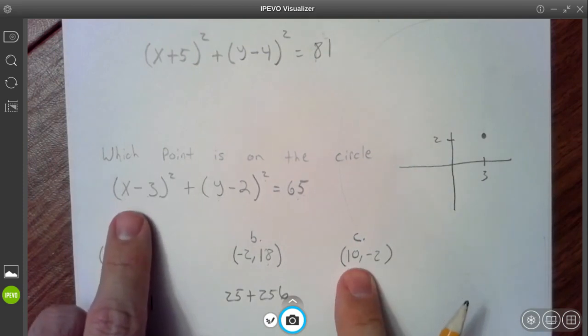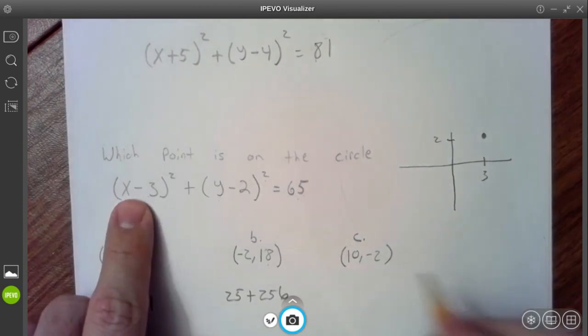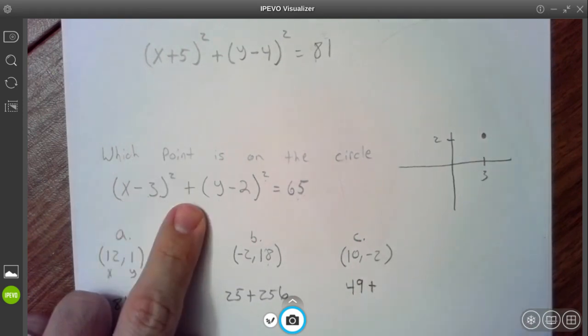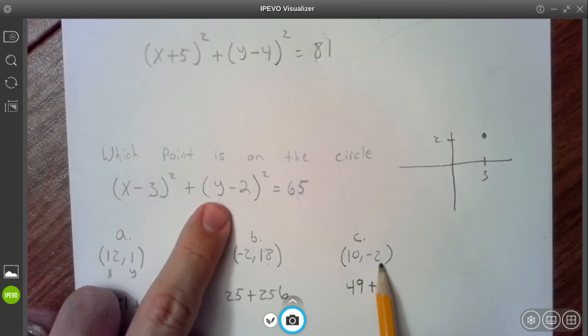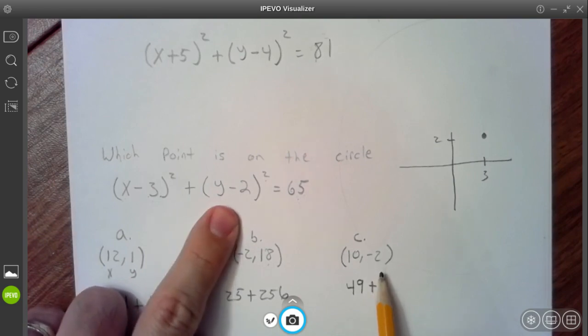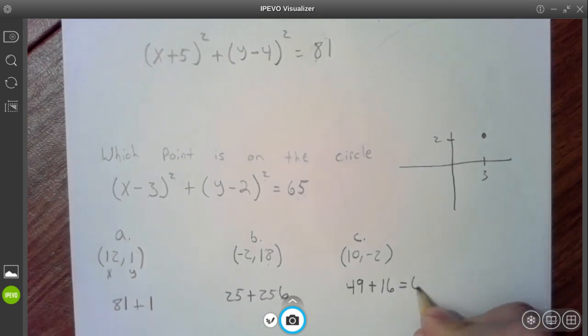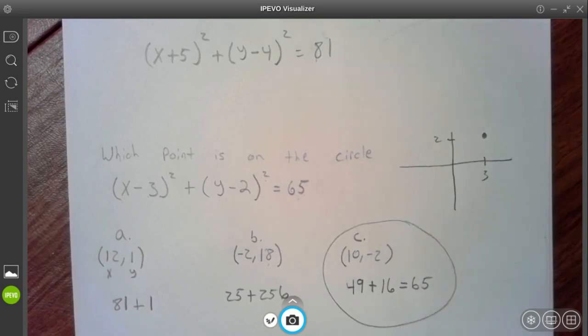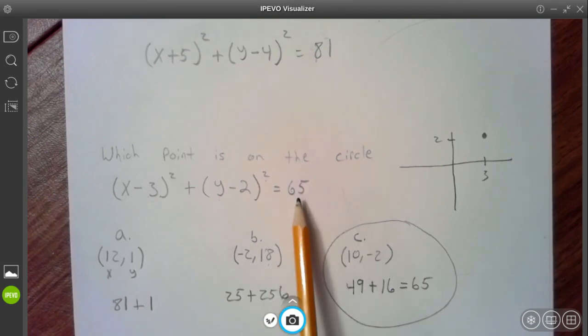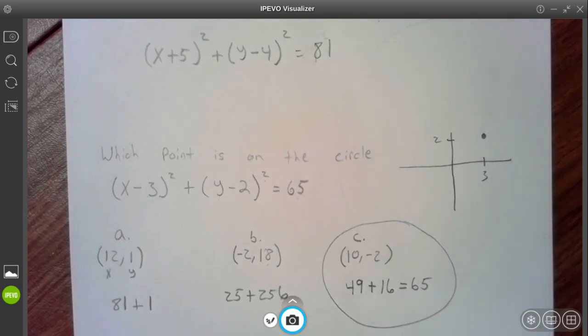If you try 10, you're going to get 10 minus 3 is 7. 7 squared is 49. Plus, and then we'll do negative 2 for the y here. That'll be negative 4, and then negative 4 squared will be 16. And that does, in fact, equal 65. So whenever it's asking you whether it contains a point or passes through a point, you just plug that point in for the x and the y and see if the equation balances.